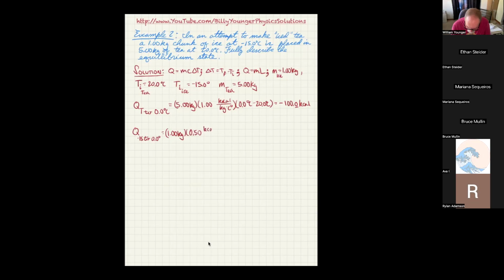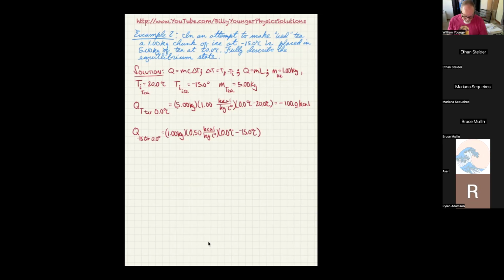Again, I'm going to change it to kilocalories per kilogram Celsius degree. And we're going to bring that to 0.0 degrees Celsius from -15.0 degrees Celsius. Yes, I was supposed to bring the ice from -15 all the way up to 0.